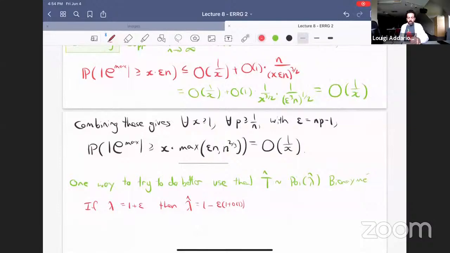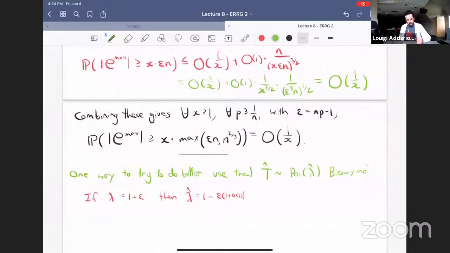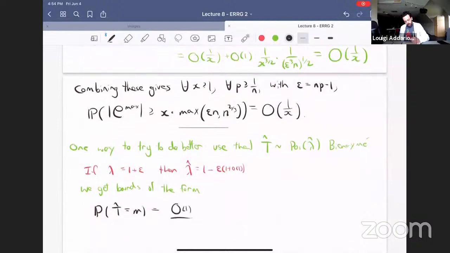And we discussed last time bounds on the size for subcritical trees. So in this case, we get bounds of the form: the probability that T hat has size m is order 1 over m to the 3/2, and then we get an e to the minus m epsilon squared on 2 times 1 plus little o 1.